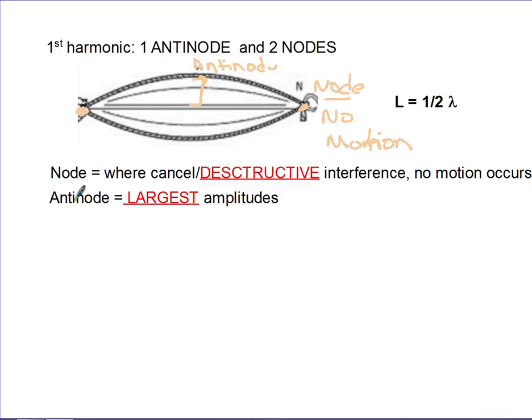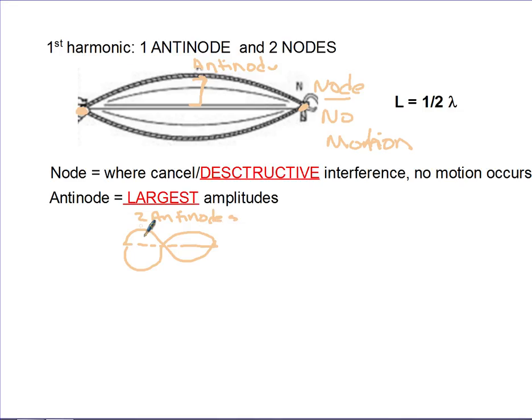Now let's look at this. One wave, a complete sinusoidal wave looks like that. So in a standing wave, it's going to look like this. It's going to have two antinodes, and nodes.